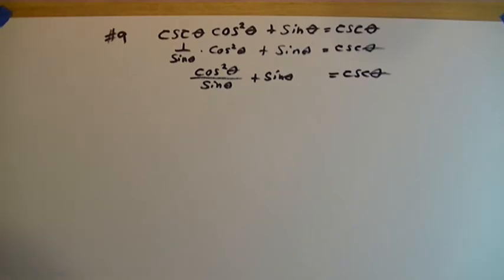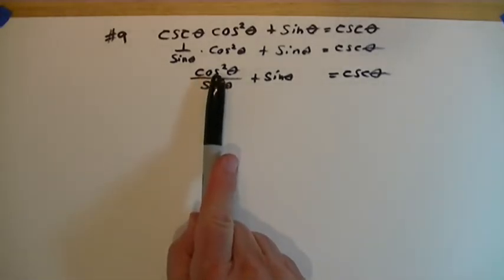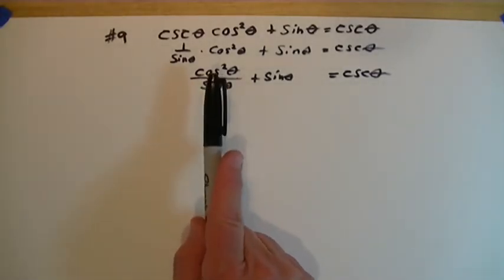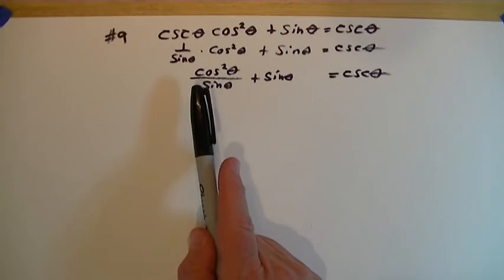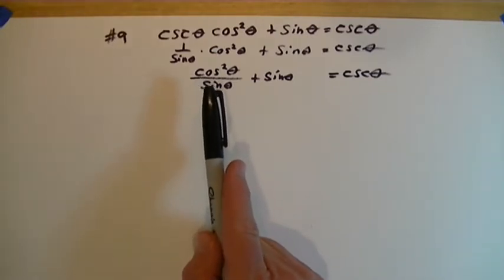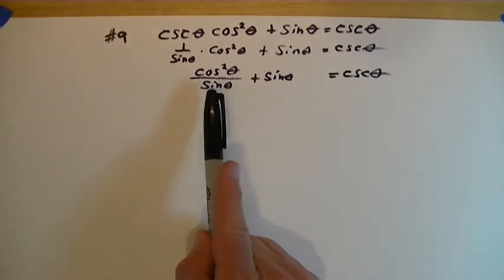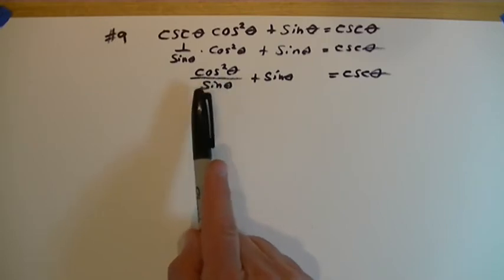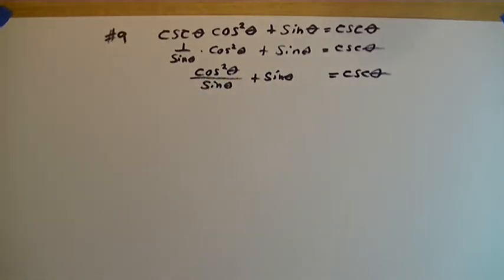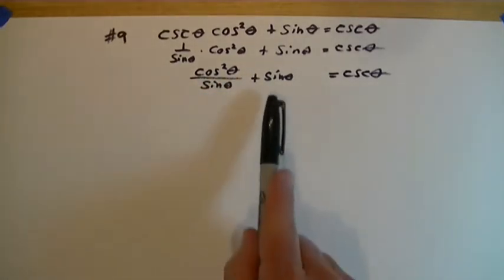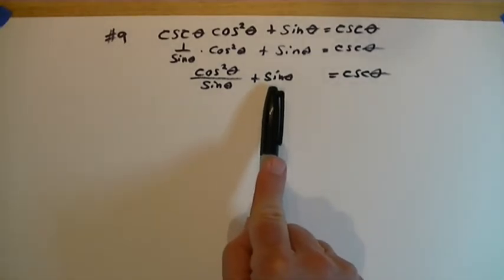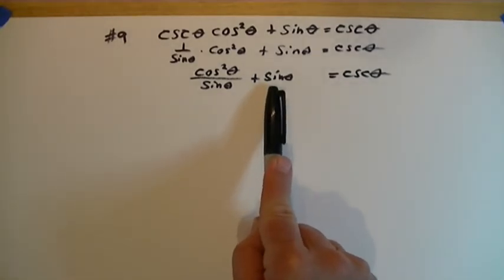So at this point, you might be thinking, well, what now? Well, you've got a cosine squared here, and anytime you see a cosine squared or a sine squared, I'm usually trying to think, how can I find a sine squared to go with this cosine squared and use the Pythagorean identity to make that a 1? Well, I'm part of the way here, but that's not sine squared.